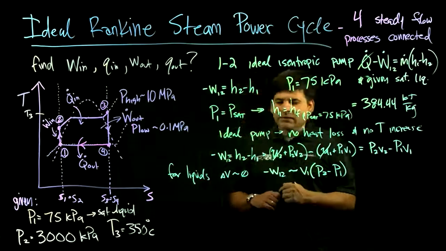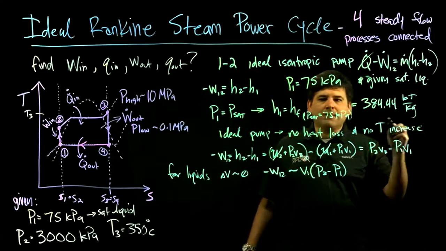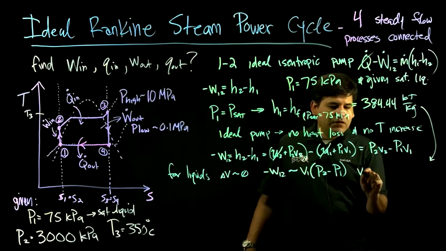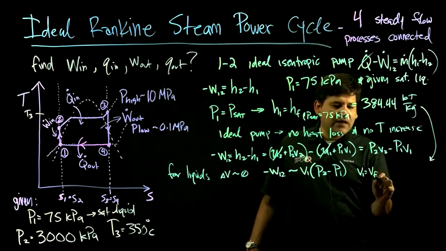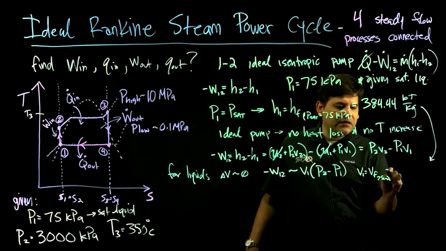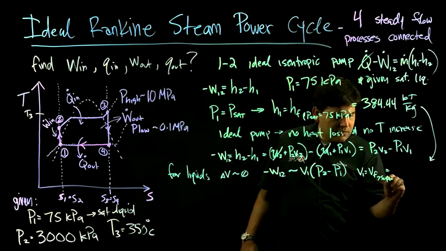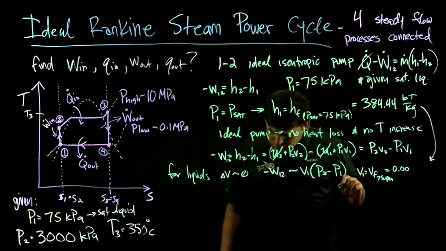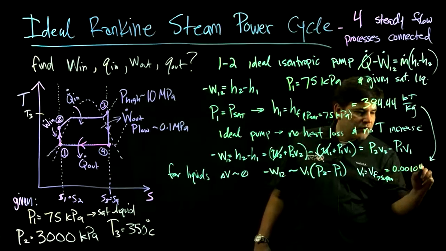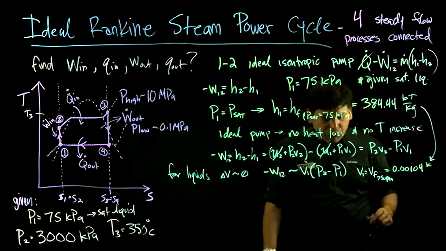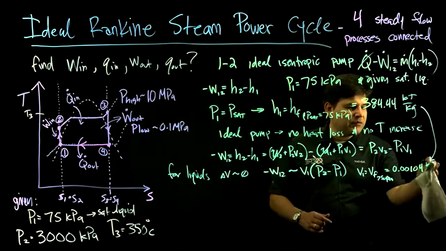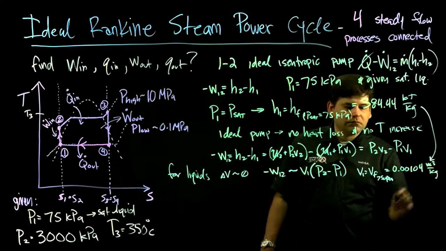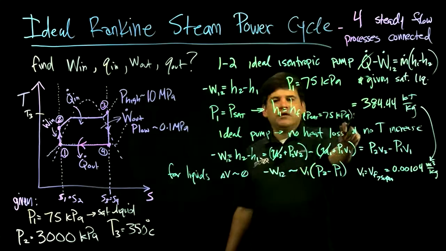From the steam table, V1 equals Vf at 75 kPa, and that is 0.00104 meters cubed per kilogram. That's from the steam table. So now we know V from state 1.